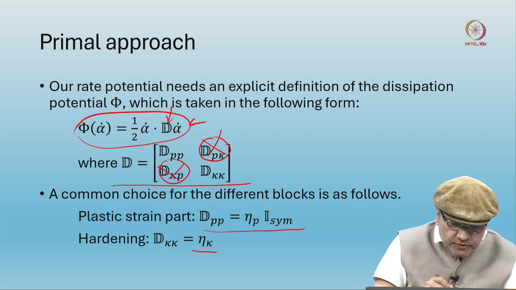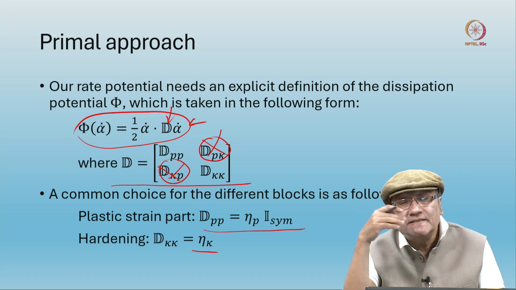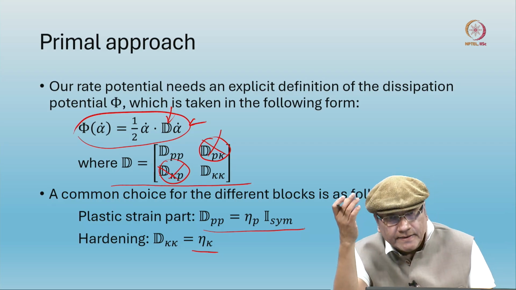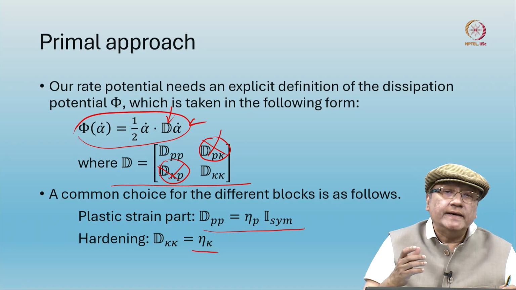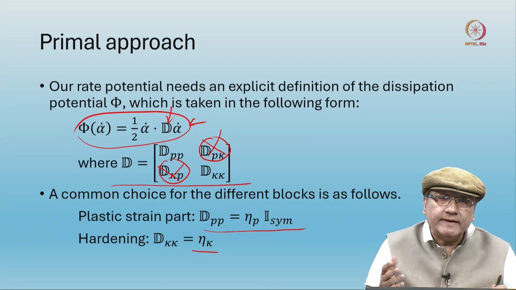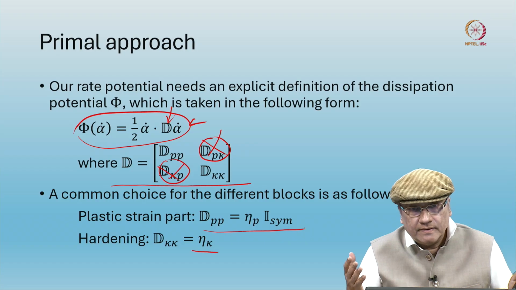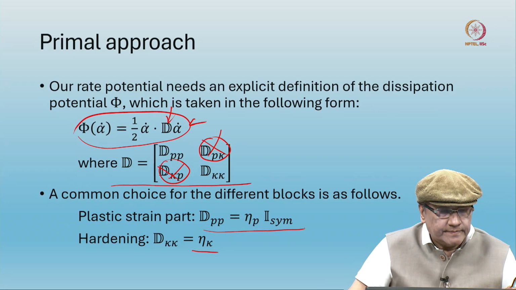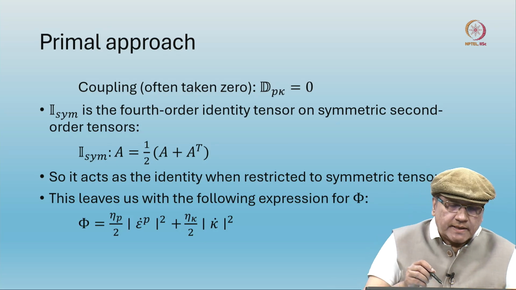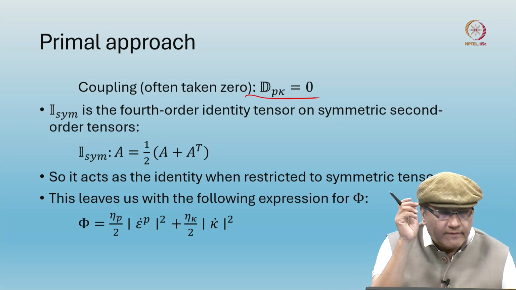Similarly, the viscous damping associated with the hardening is eta k. Eta k is also a scalar, and for the time being we assume that kappa is also a scalar. Now, the coupling, let us take 0 as I have already said.